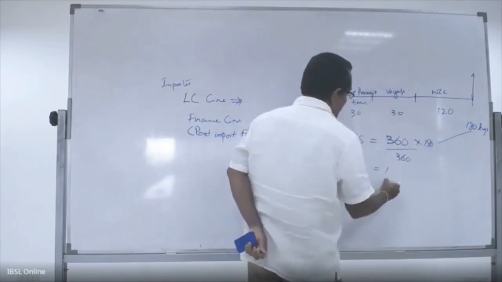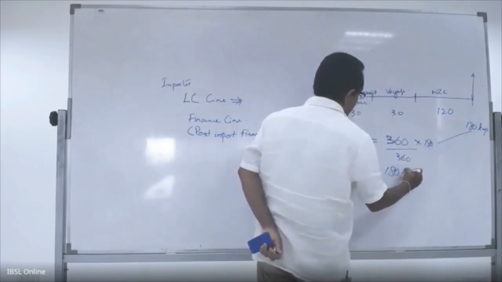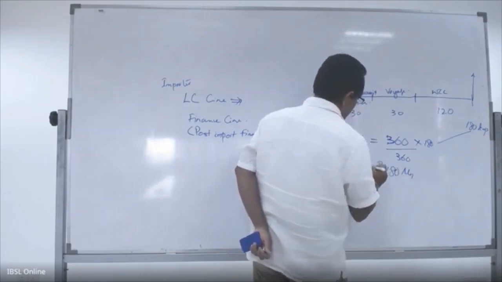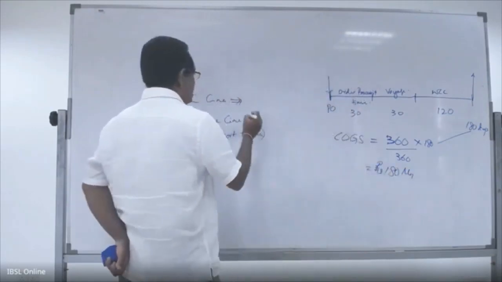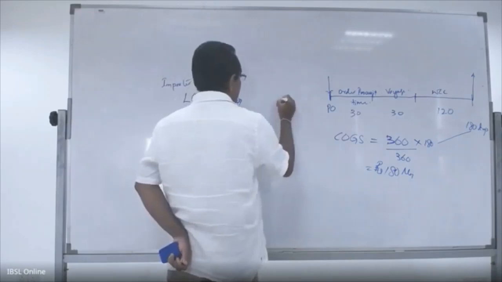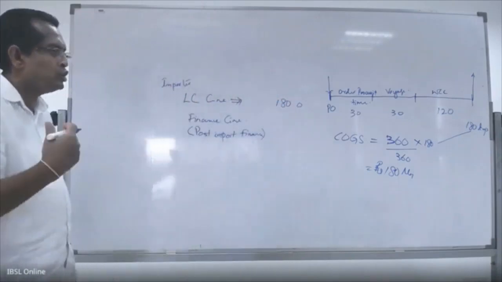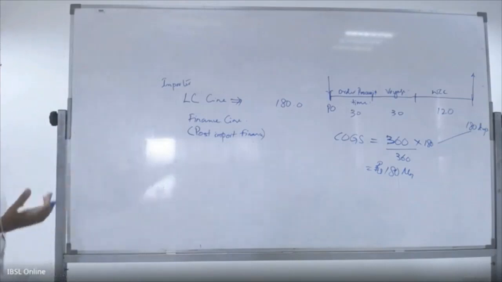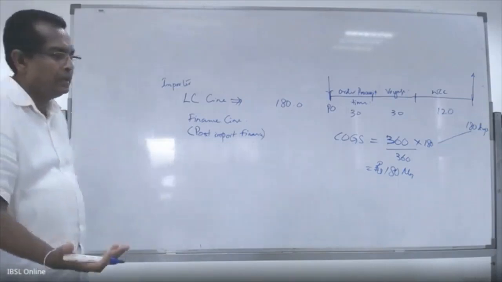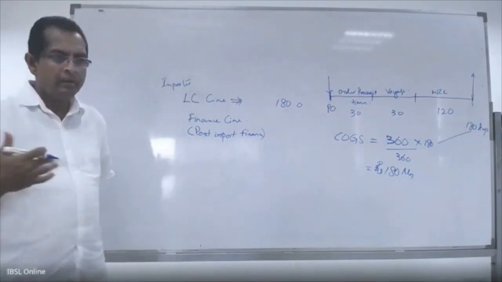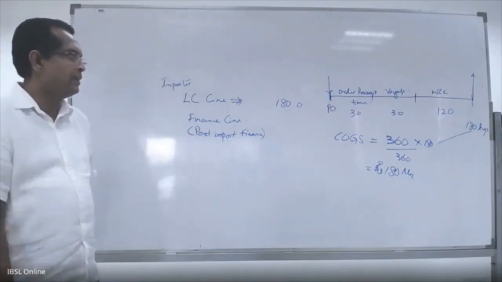So it is 180 million rupees. Right? For this customer, we need to give a 180 million rupee LC line. He should be able to open LCs for 180 million at any given time.